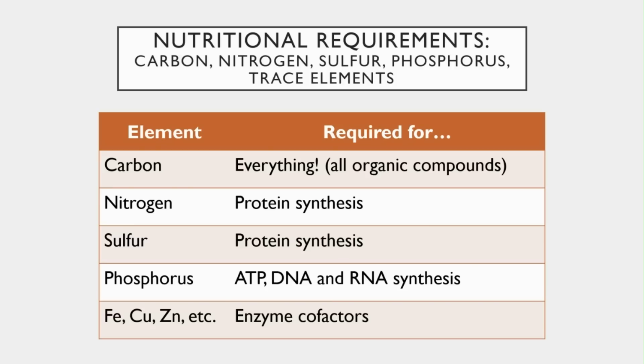So it's important for synthesis of all of those molecules. Lastly, there are many of what are called trace elements that are needed in smaller amounts, like iron, copper, zinc, etc. And they're used for enzymatic reactions. They help enzymatic reactions take place, so they're called enzyme cofactors.